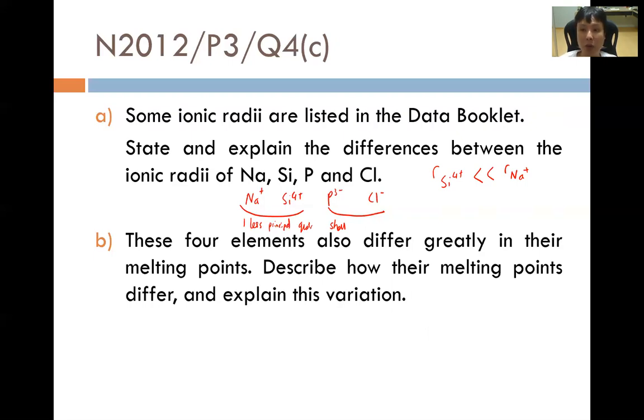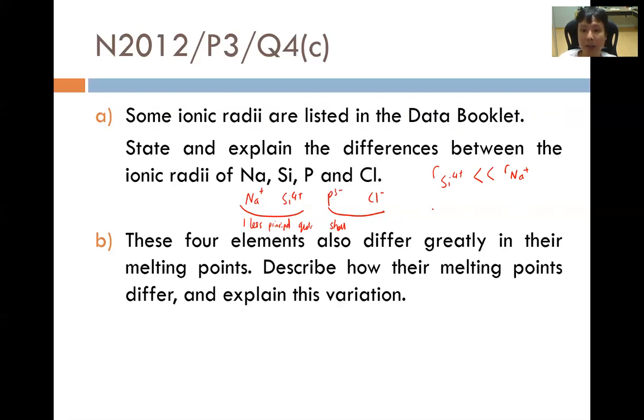So the greater number of protons means the effective nuclear charge in Si4+ is much larger than in Na+, and hence it pulls the valence electrons much closer towards the nucleus, and the radius of Si4+ will be much smaller than the radius of the Na+ cation.